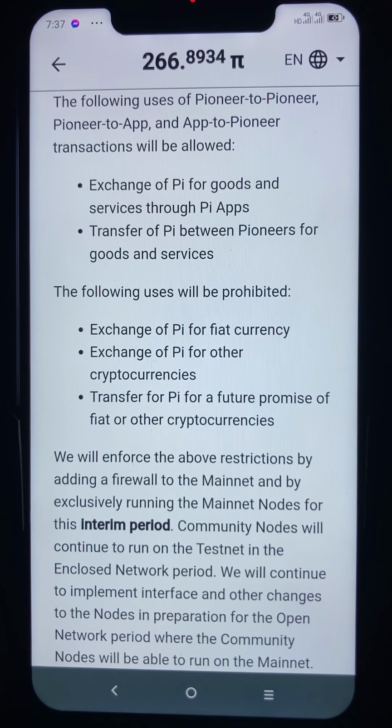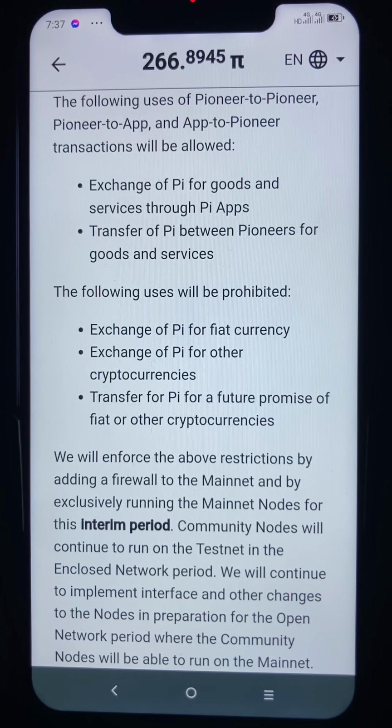Ayan na. Bawal to. Exchange of Pi for fiat currency. No. Do not exchange your Pi for pera. Exchange of Pi for other cryptocurrencies. No rin. Bawal ipagpalit ang Pi ninyo with other cryptocurrencies, kahit na gano'n pa sila ka-popular, no? And transfer of Pi for a future promise of fiat or other cryptocurrencies.